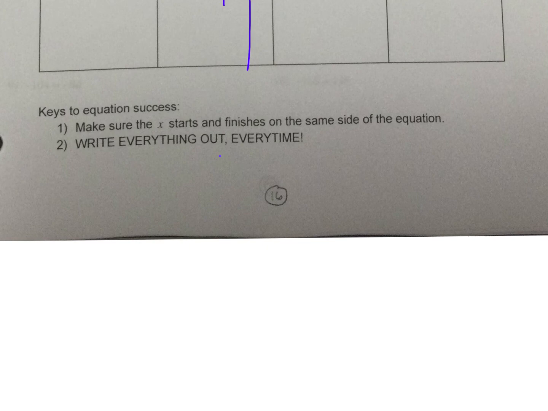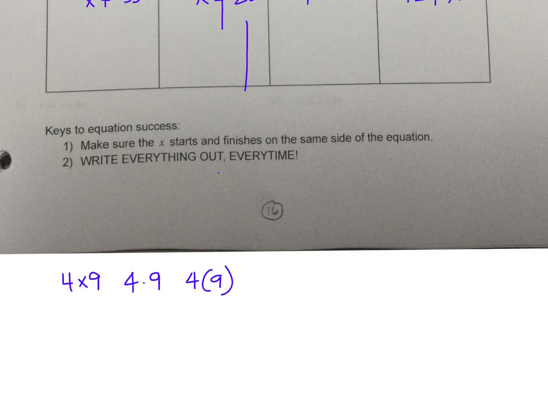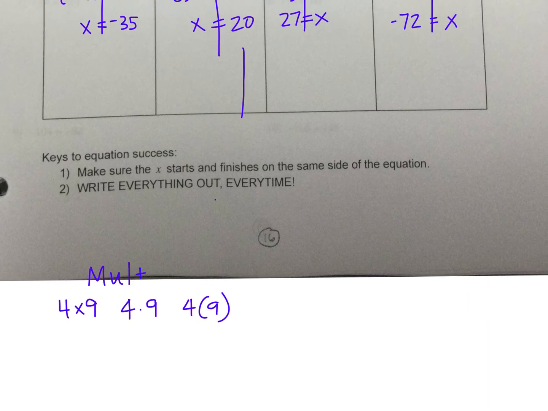A quick review for multiplication, we could write 4 times 9 in a few ways. All of these mean multiply. This is the preferred one in Happy Math Land.